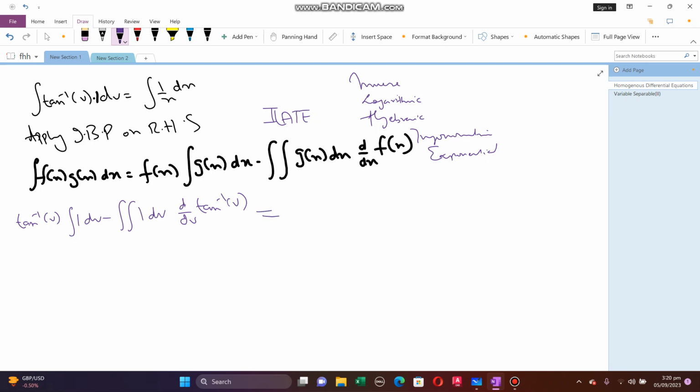Now this is equal to natural log of x. So v tan inverse v minus the integral of v times 1 over 1 plus v square dv is equal to natural log of x.